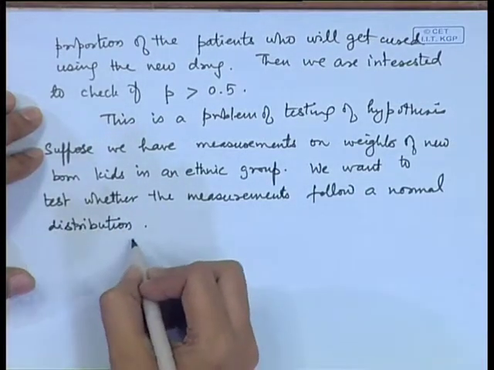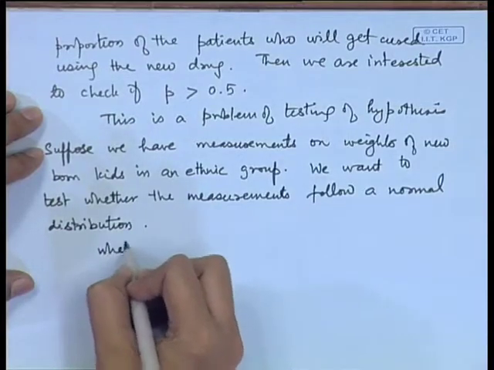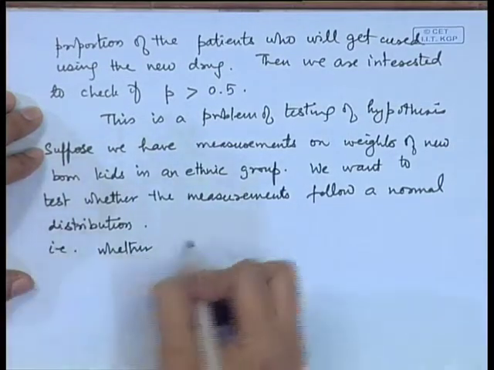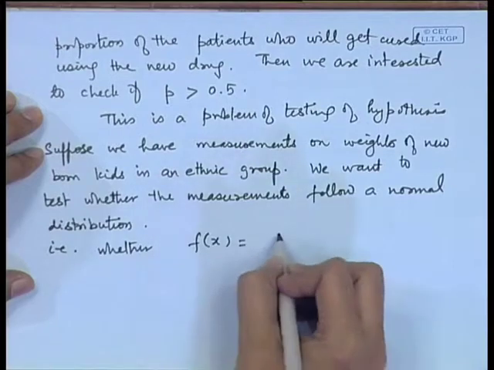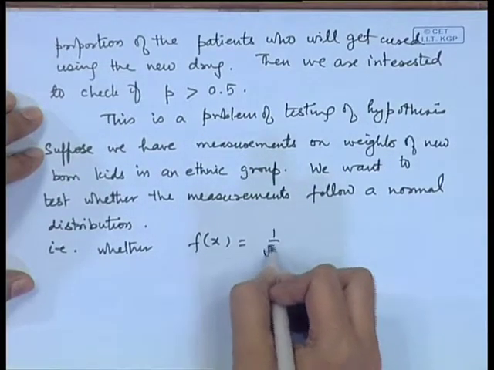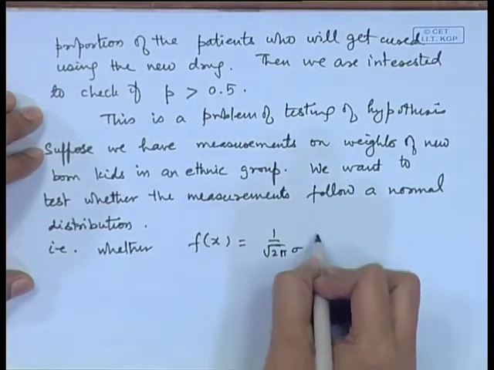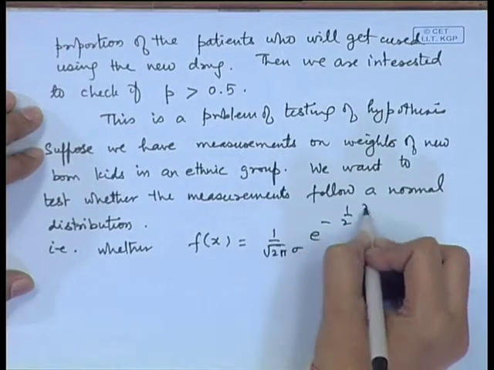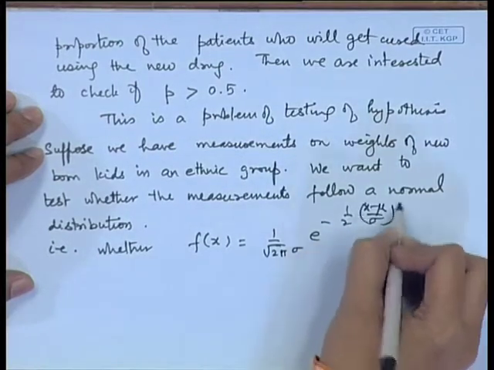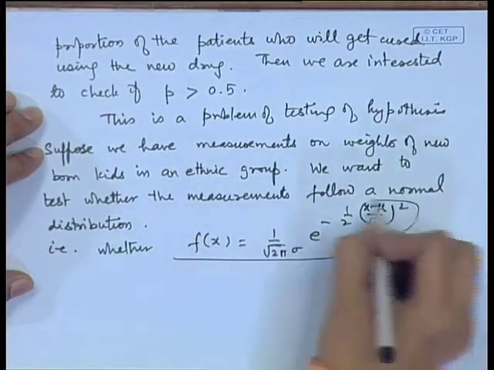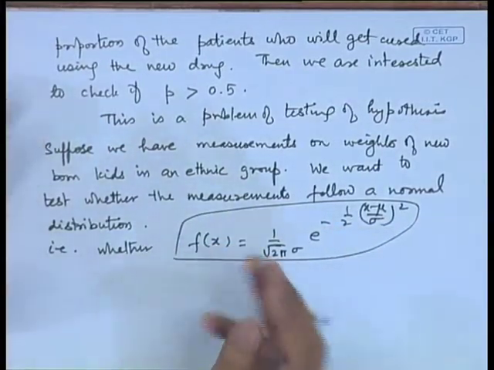That means we want to check whether f(x) is equal to 1 by root 2 pi sigma e to the power minus 1 by 2 times (x minus mu by sigma) square. So, we want to check whether this is true. So, this is again a statistical hypothesis.